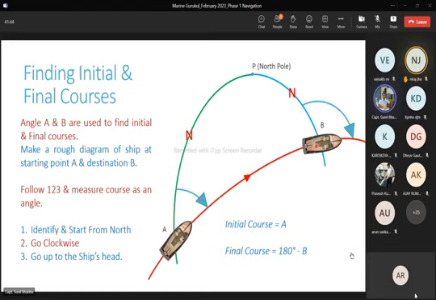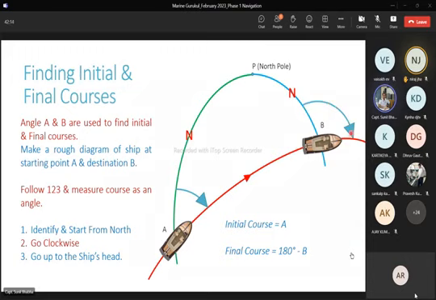Now let's go to the destination position. Now at destination position, this is not the case. The angle B, which we have obtained using the cosine formula, is the inner angle of the triangle PAB. Inner angle. But our course is not the inner angle of the triangle. Our course in this case is the outer angle B of the triangle.